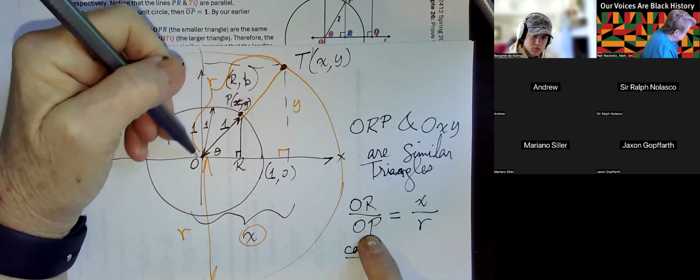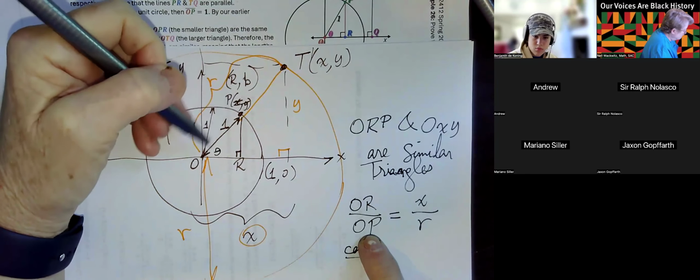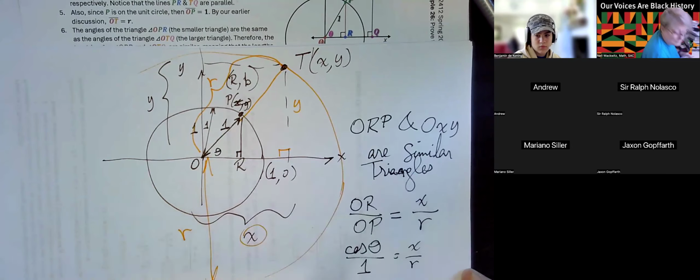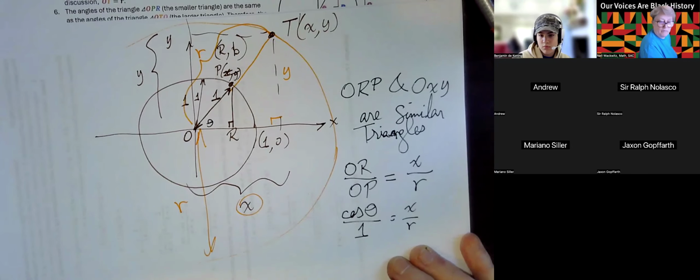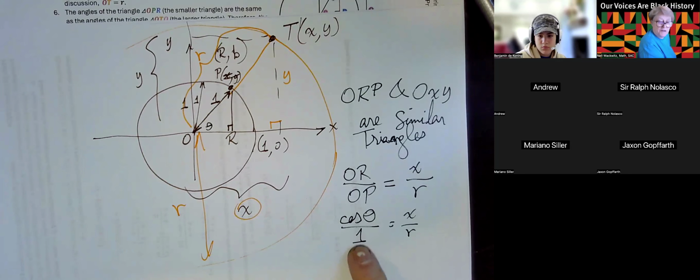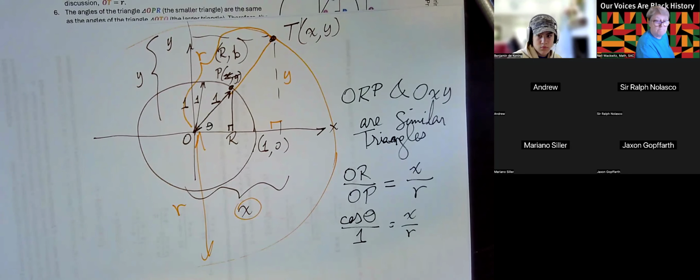And what is the distance between the origin and P? 1. And cosine theta divided by 1? This is just cosine theta.